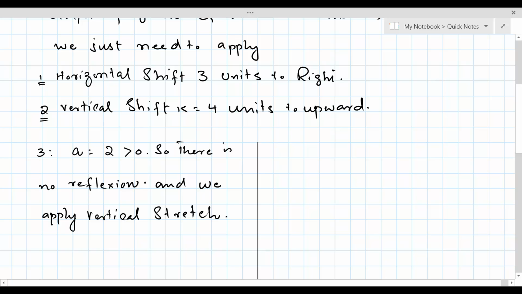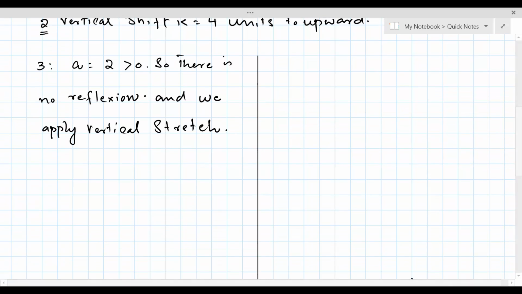There is a very interesting method to draw the graph and apply the vertical stretch. We start with the numbers 1, 3, 5, 7 and multiply them with the value of a.